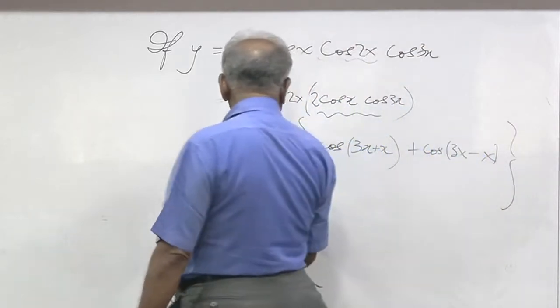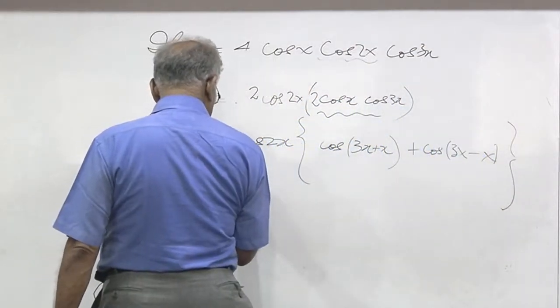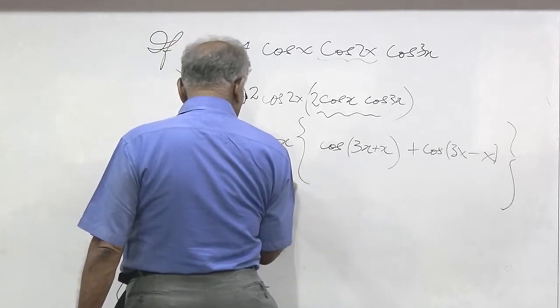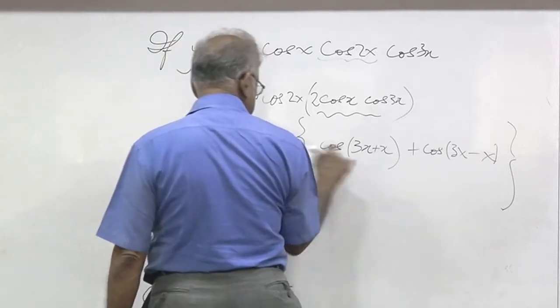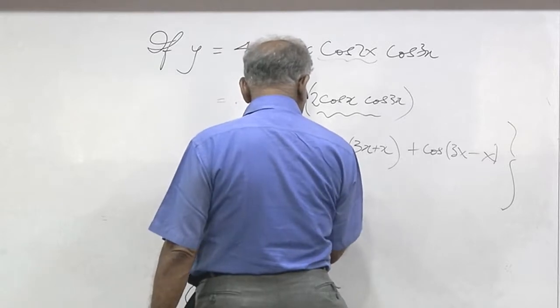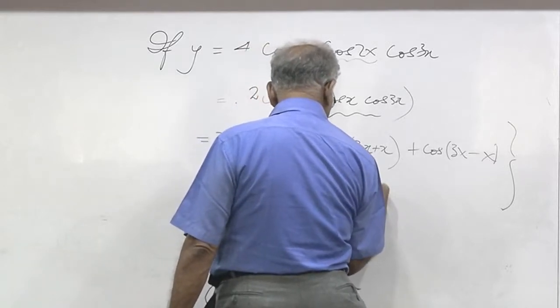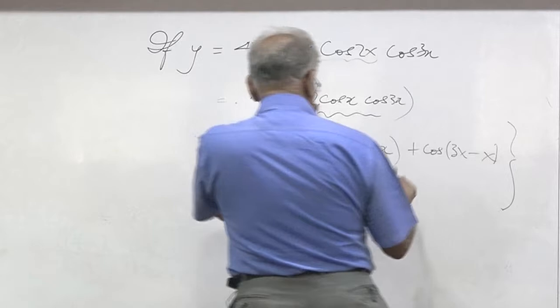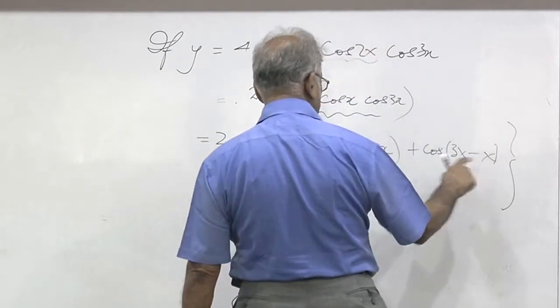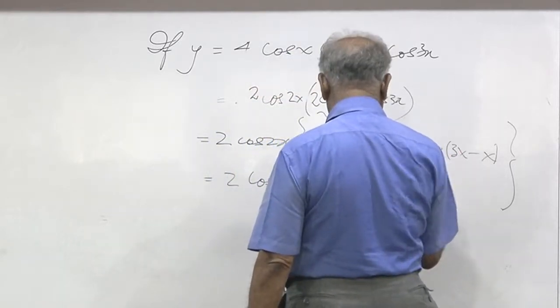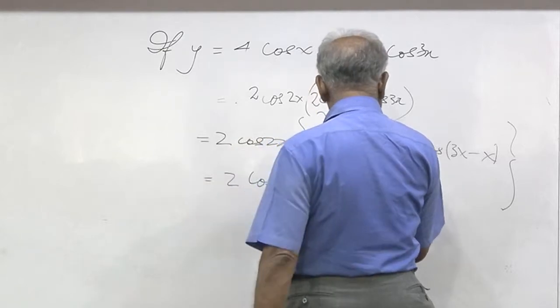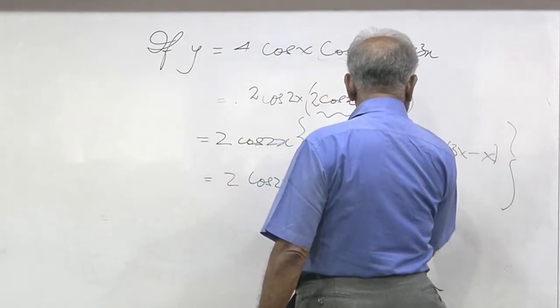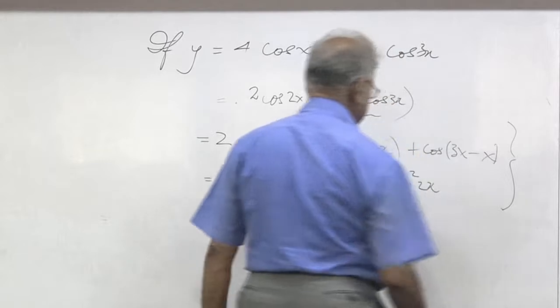Now this is 2 cos 2x cos 4x plus 2 cos squared 2x. This is cos 2x, so we have a 2 cos 2x, so 2 cos squared 2x.